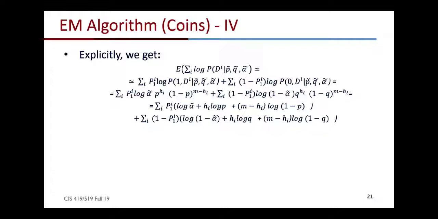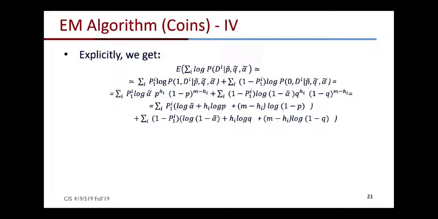So it's 1 minus P1i, log 1 minus alpha, h log q, a minus h log 1 minus q. So basically, I've written an expression for the expected log likelihood of the data. Not quite the log likelihood, but the expected log likelihood. We agree that it's okay to write this. Now that I have it, I can maximize it relative to the parameters.